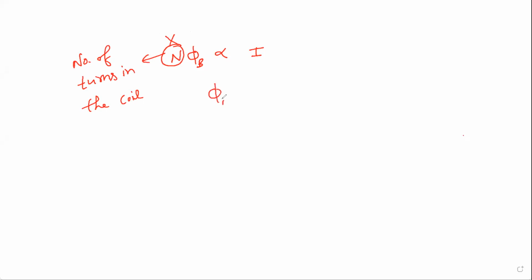So you can see phi B, when I need to change this proportionality into equality, I introduce a coefficient constant, that is L, and this is inductance. I is the amount of current we are applying to the coil. So from here you can see L will be magnetic flux over current.